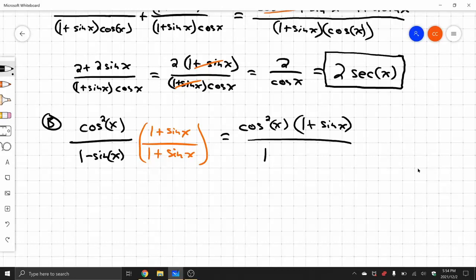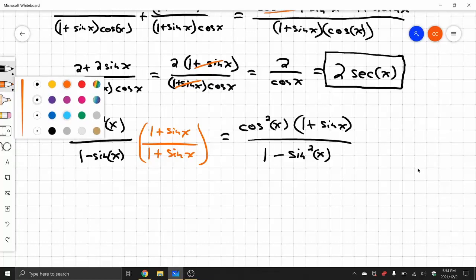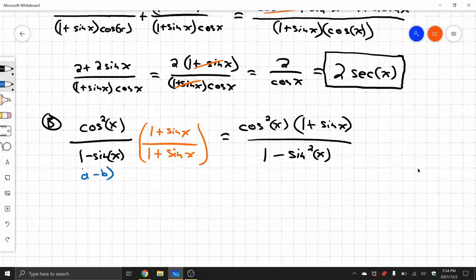Well, my a is 1, so 1 squared is just 1, minus my b squared, which is just sine squared x. So if I go ahead and write that out, I've got a minus b times a plus b, and that's going to FOIL into a squared minus b squared every time. Okay, so what do I have here?